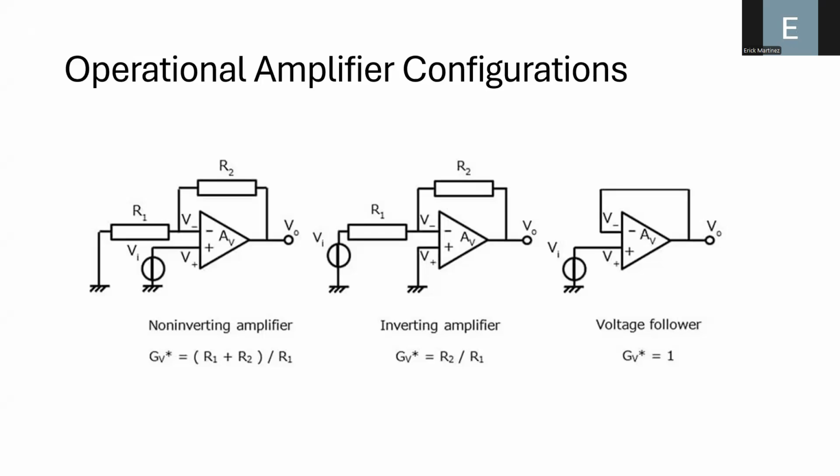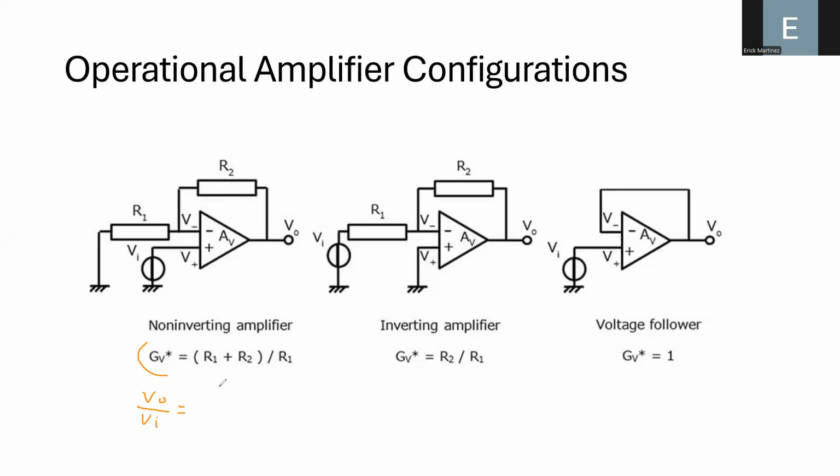And there is a characteristic that we can amplify the input voltage and see that effect in the output voltage based on the value of these two resistors. This GB refers to the gain of the operational amplifier, which basically relates the output voltage and the input voltage.